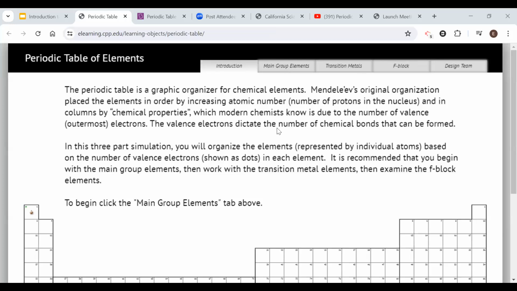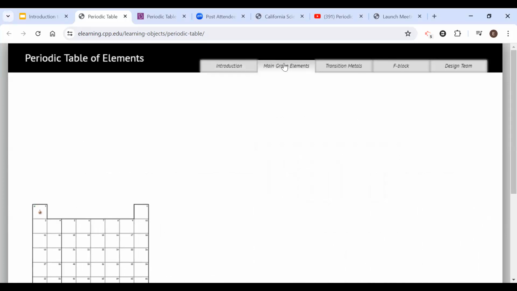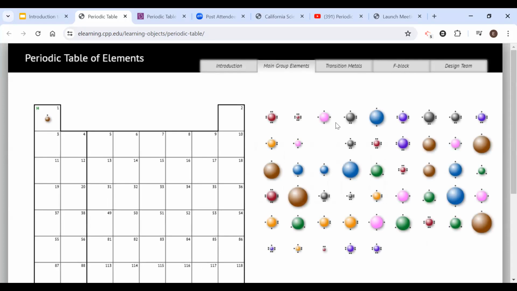Okay, what happens here? This is the simulation. You can copy down this link if you want. Then what you do is you start by reading the instructions and you click here. Your goal is to organize this.